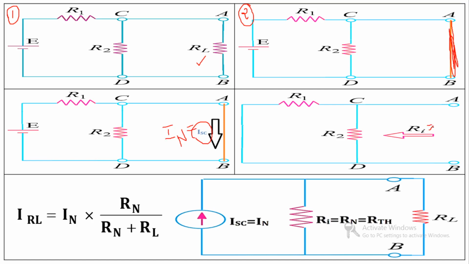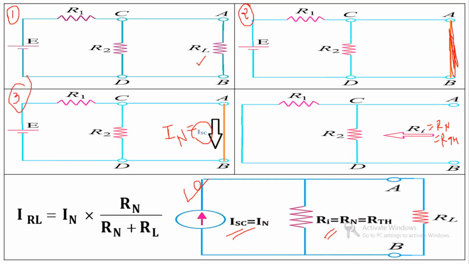Again we find the Norton's resistance, or Thevenin's resistance, and after finding Norton's current and resistance, we draw the Norton's equivalent network, a current source with parallel resistance. We connect the load that we short circuited in step number 2.